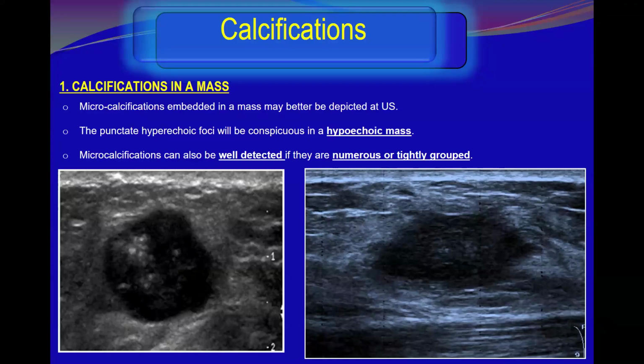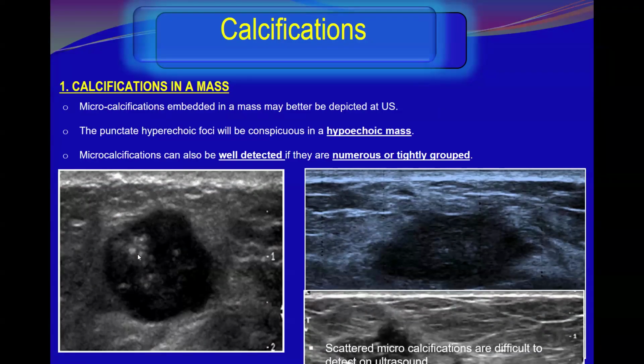However, microcalcification can also be well detected if they are numerous or if they are tightly grouped. Here, these are numerous as well as grouped together, which makes them more conspicuous.